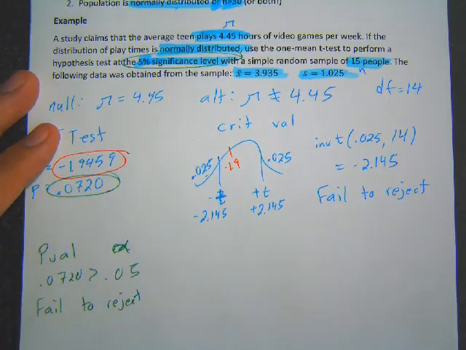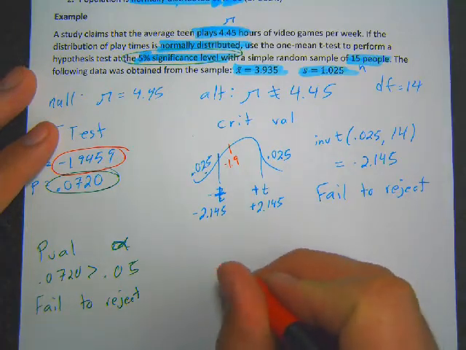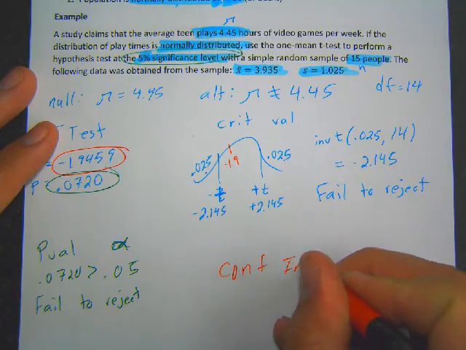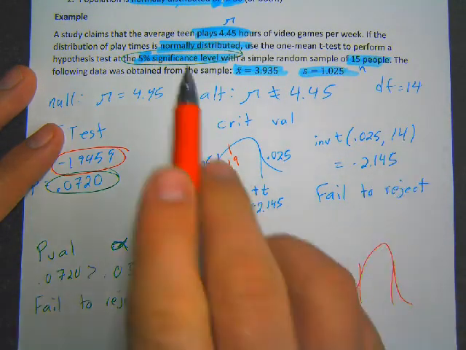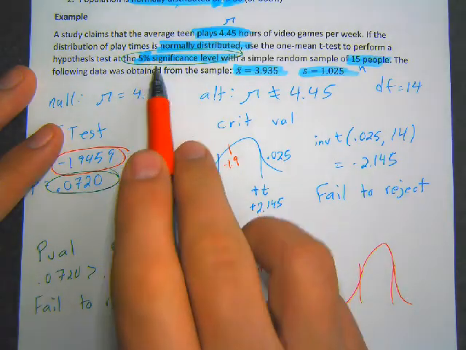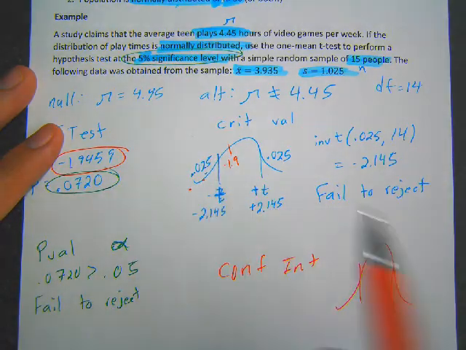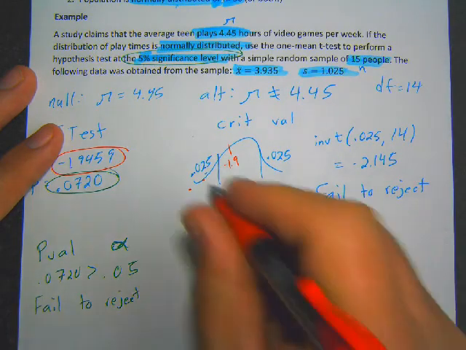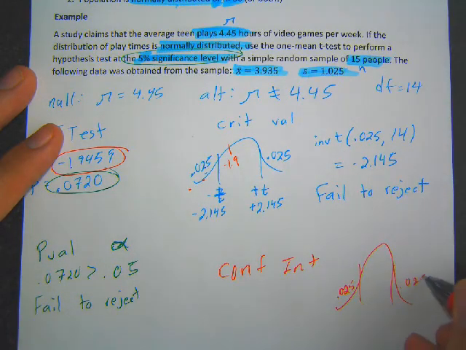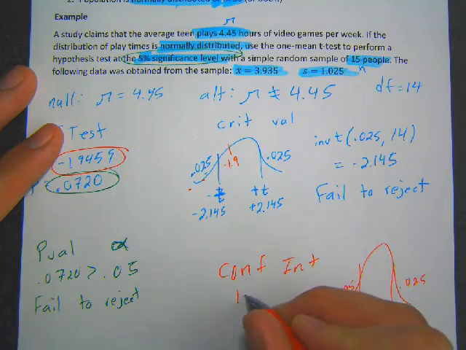The last thing I want to do is the confidence interval method. With the confidence interval, I always have to think about what my confidence interval is going to look like. So here, I'm going to have that 5%, but split between the two because it's a two-tailed test. So I'm still going to have 0.025 in both tails. So when it's a two-tailed test, remember you just do 1 minus alpha.